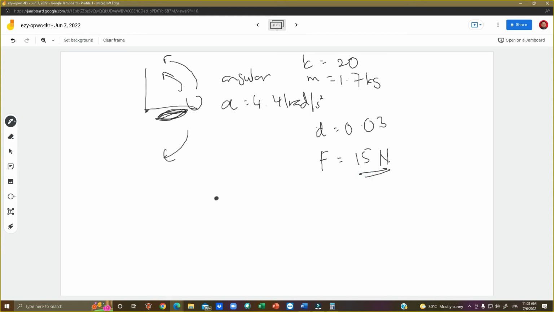Okay, try to solve it. Now we have two different amounts of force subjected to the system. So what will be the end result of this system? Upwards or downwards? Please go ahead.